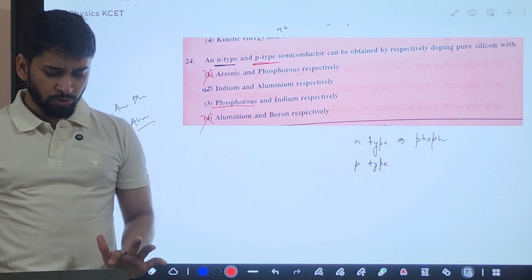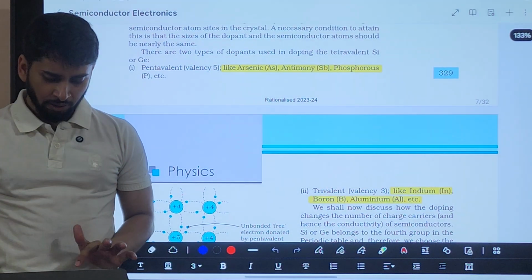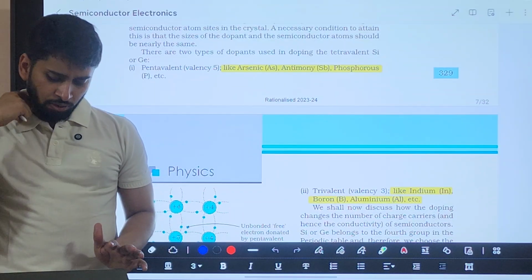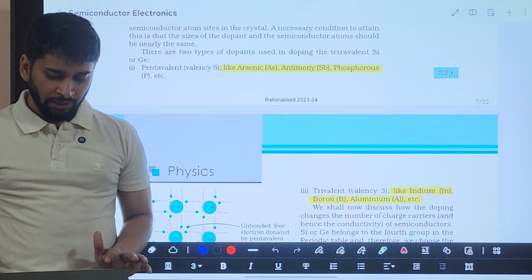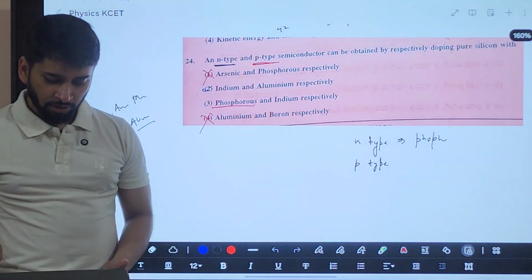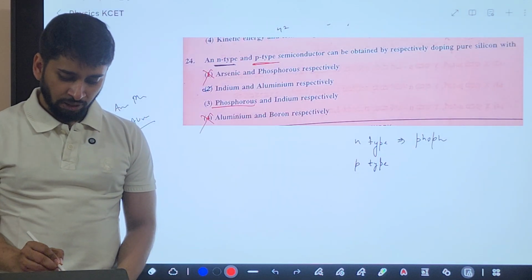Indium, I'm not sure whether they have mentioned. Okay, indium, boron and aluminium are the trivalent. So for P type you need indium, not for N type. So the answer will be option 3.